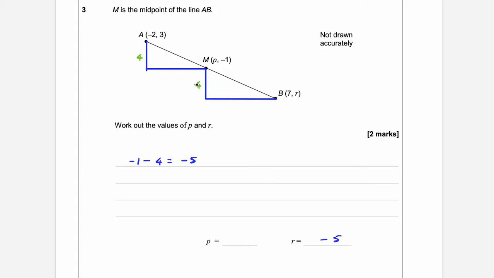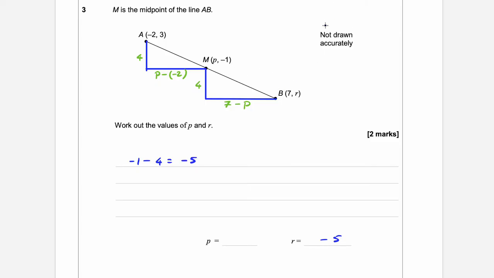And then the p, well, I go from minus 2 to p. Okay, this is slightly more tricky, guys. This distance is p minus negative 2, because if this is p and this is minus 2, and this other distance has to be 7 minus p, because I'm taking away the x coordinates.